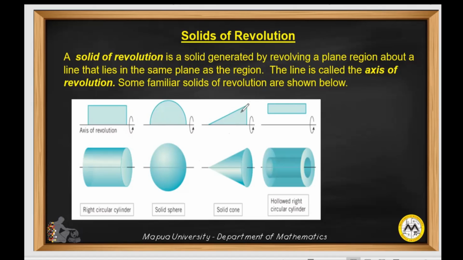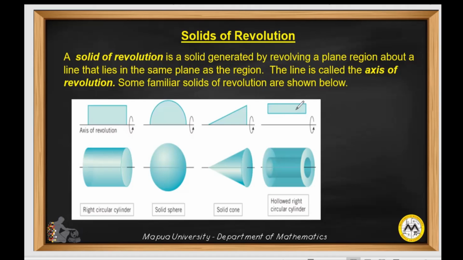And if we have a right triangle revolved about the axis of revolution, we can form a right circular cone.